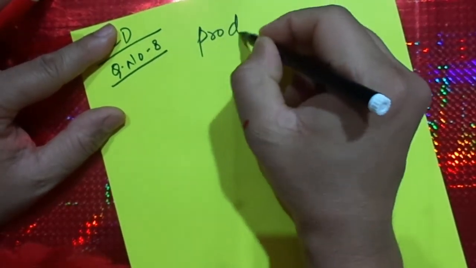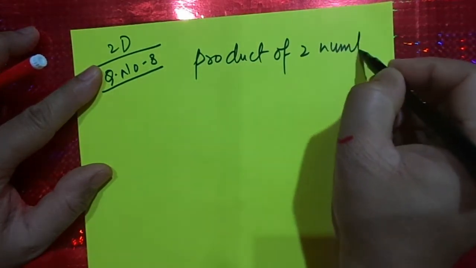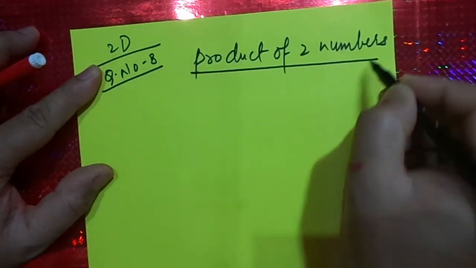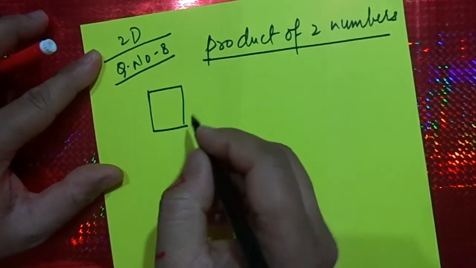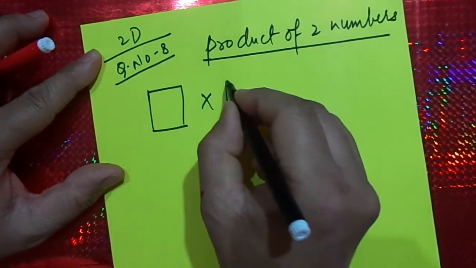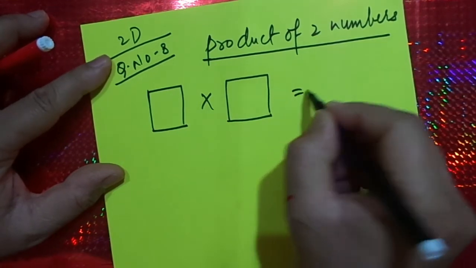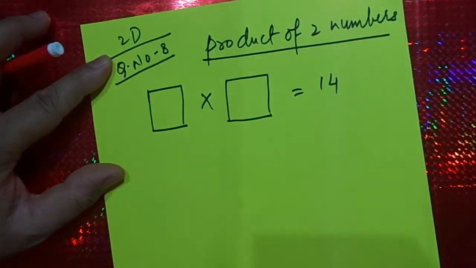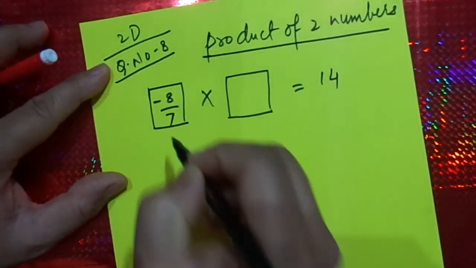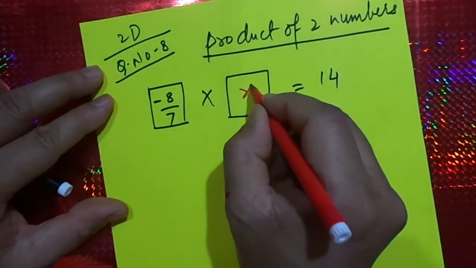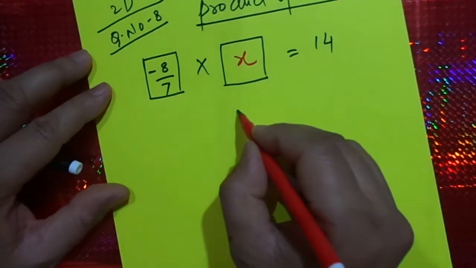Product of two numbers means the first number multiplied by the second number is equal to 14. And they have given you one of the numbers, minus 8 by 7, while the other number is missing. So I have taken it as x, and you need to find the value of this variable.